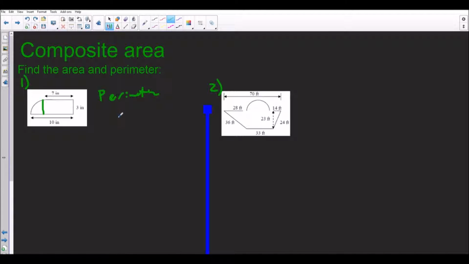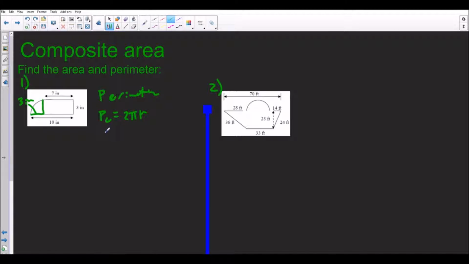So what I'm going to do is first find the perimeter of the circle. I'm going to say PC for the perimeter of the circle, another word for that is the circumference. So the circumference of the circle is going to be equal to 2 pi r. And we can look here and see, if this bottom is 10 and this top is 7, that means that this length in here must be 3 inches.